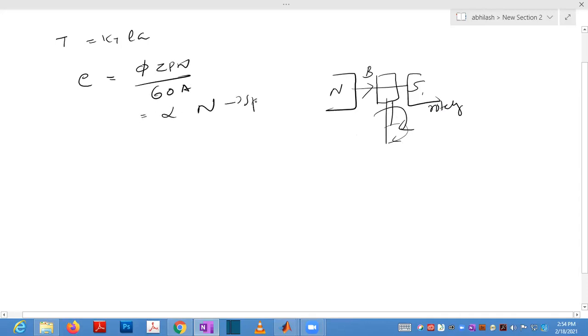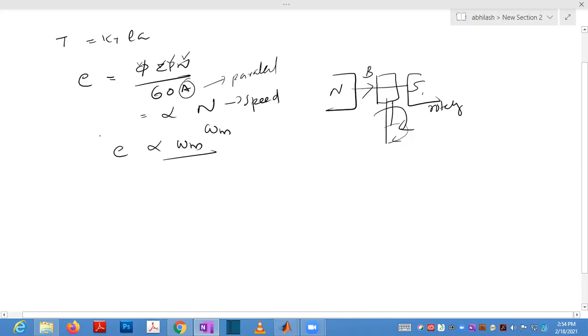N is the speed, or you can take it as omega m. The flux is constant because it is a permanent magnet, Z is the number of conductors, P is the number of poles, N is the speed, and A is the parallel paths in the armature of a DC motor. So E is directly proportional to omega m.